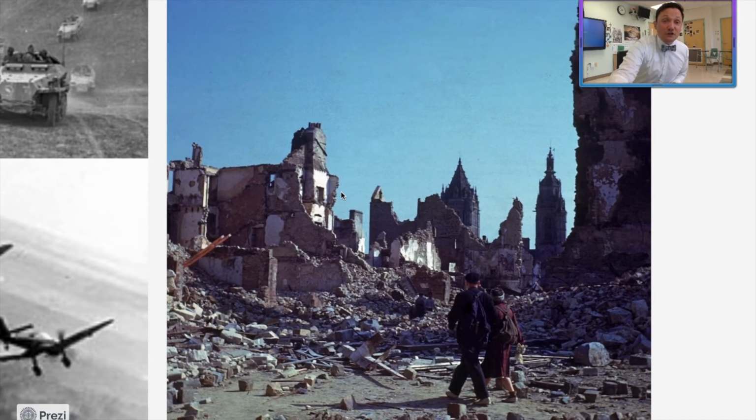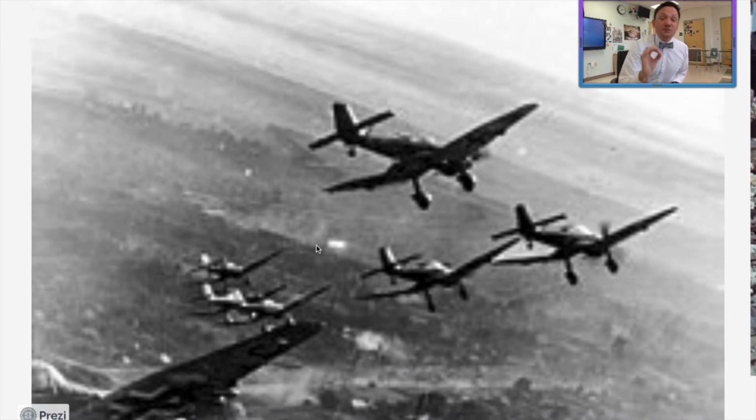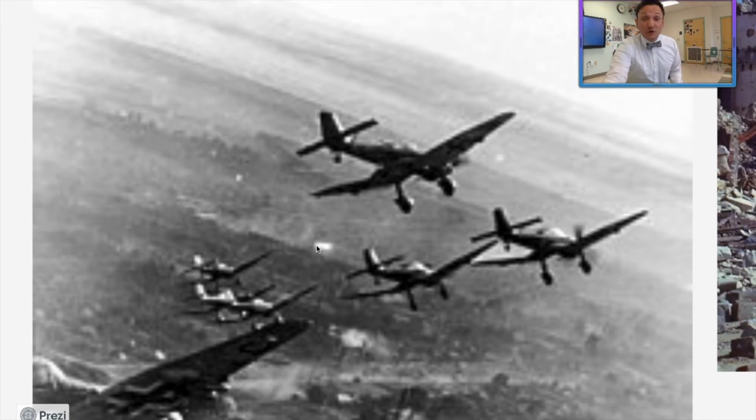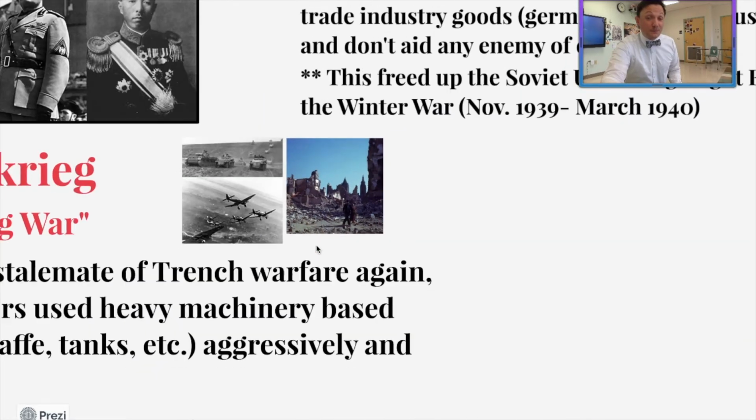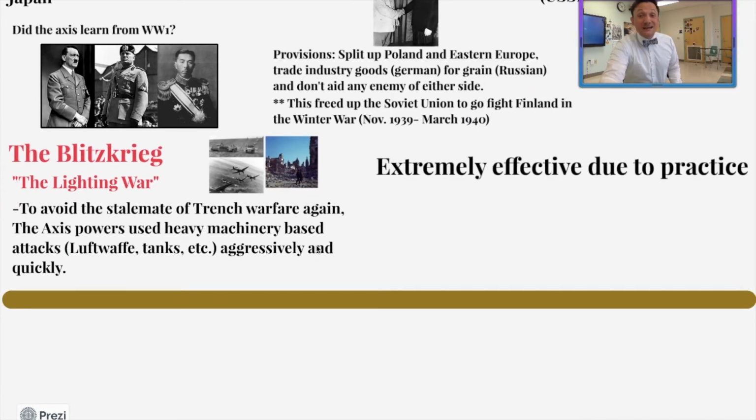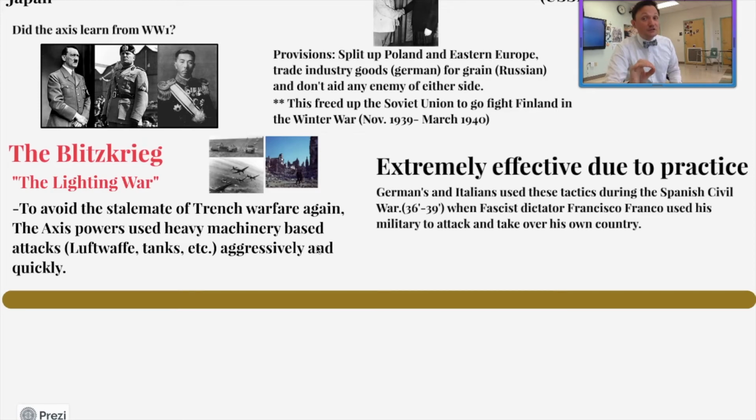Because now the German Luftwaffe has single propeller, not turbine powered, planes that can travel further distances. They're more maneuverable. They have fighters and long-range bombers, right? So the Blitzkrieg is extremely effective, mainly due to practice, right?